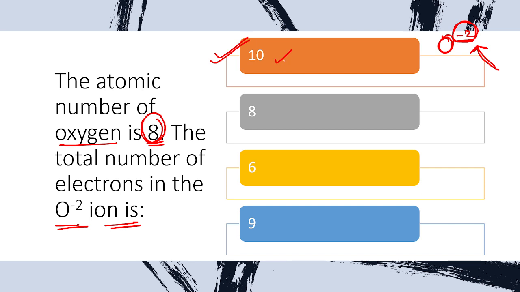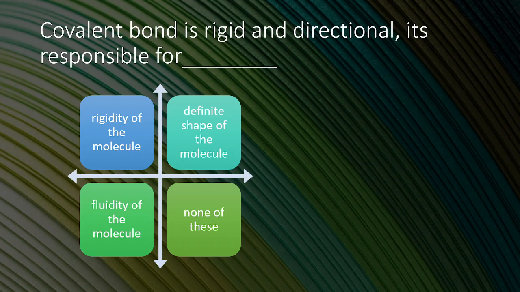Let's go ahead. Next, covalent bond is rigid and directional. It's responsible for the rigidity of the molecule, or definite shape of the molecule, or fluidity of the molecule, or none of this? So the correct answer is definite shape of the molecule.